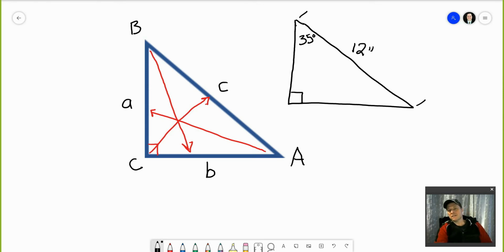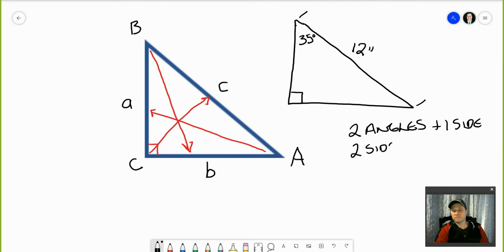Now, the first thing about trigonometry that is really important to understand when trying to solve unknown information is that to solve any missing information, you already have to know at least 2 angles and 1 side, or you have to know 2 sides and 1 angle.